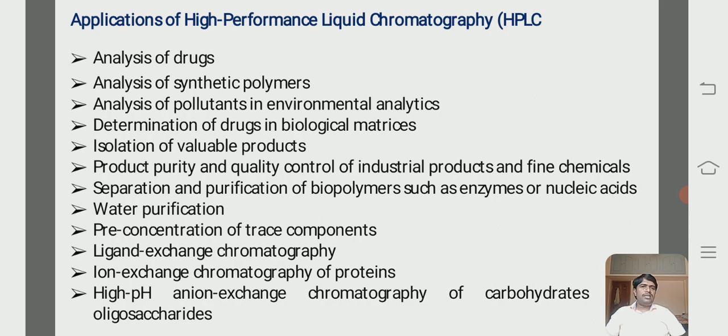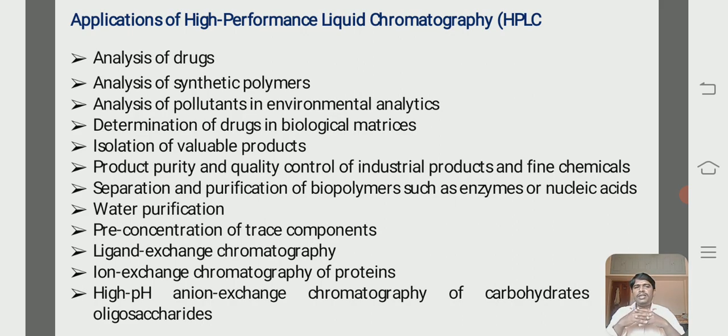It may be in biochemistry, analytical chemistry, forensic science, etc. This HPLC is used in analysis of drugs and of synthetic polymers, analysis of pollutants in environmental analytics, and determination of drugs in biological matrices. Isolation of valuable products can be achieved by using this HPLC.